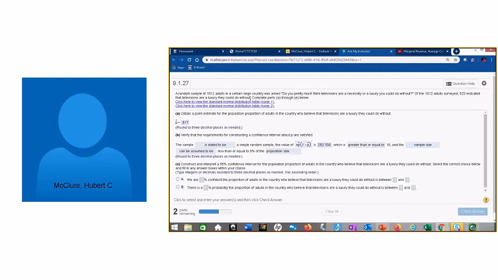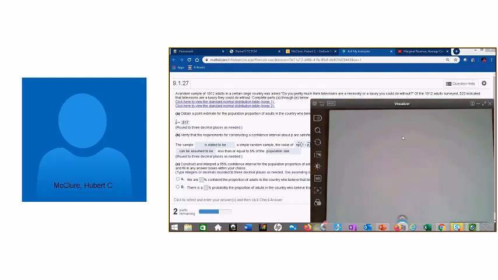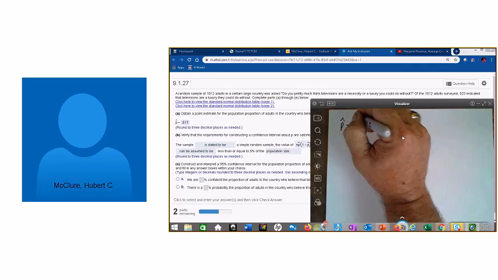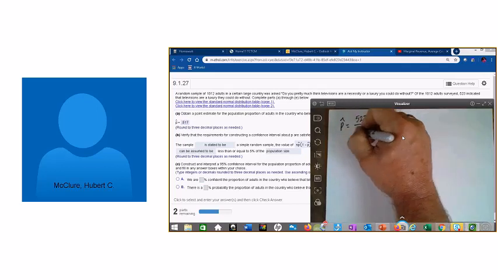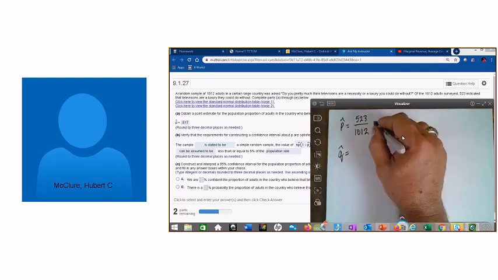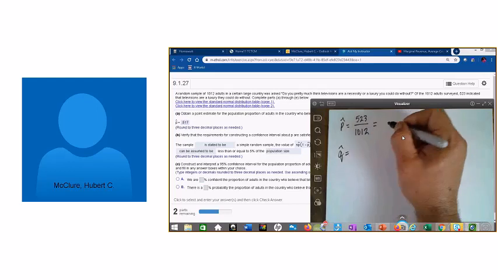So p hat, first thing you're going to write down, as I told you in the videos, p hat is equal to 523 over 1012. Somebody give me that. 523 over 1012. I think we've done this one. q hat is equal to, so give me 3 digits on the p hat.